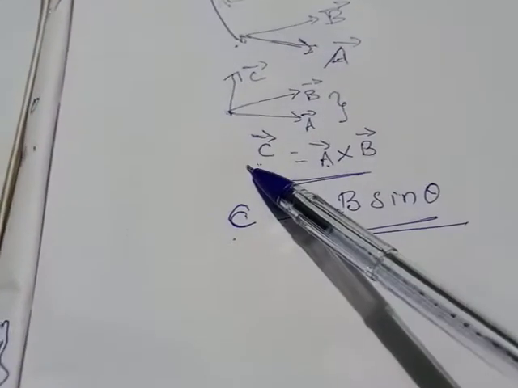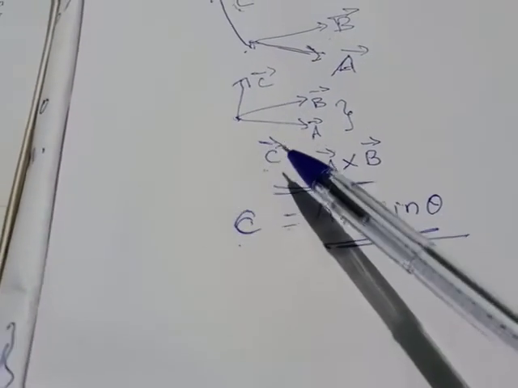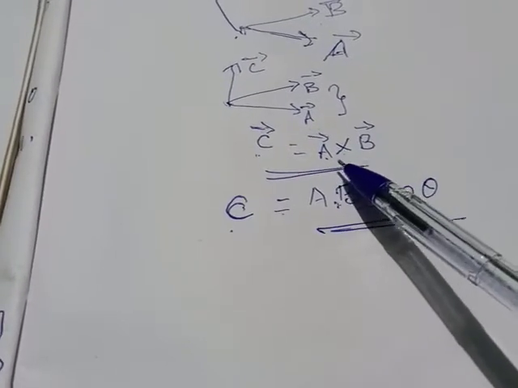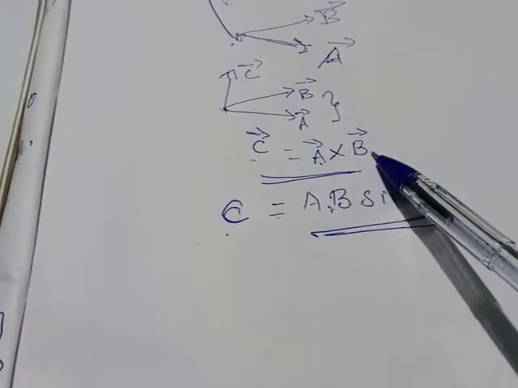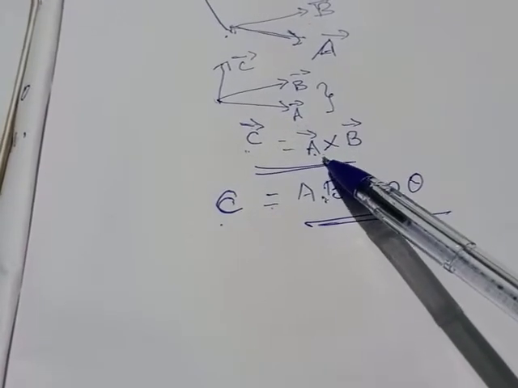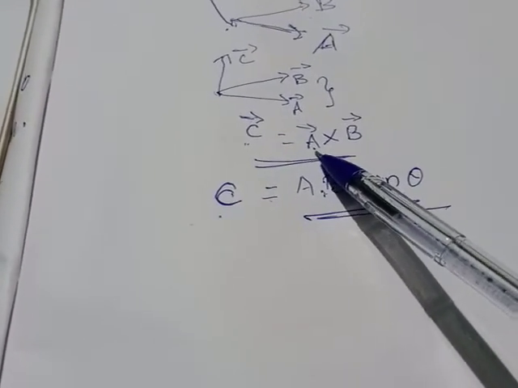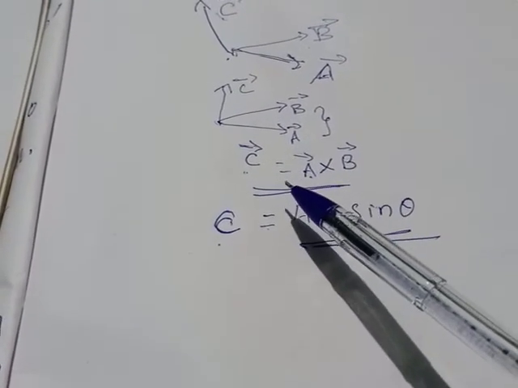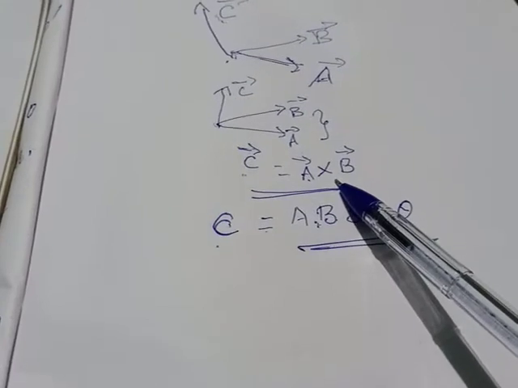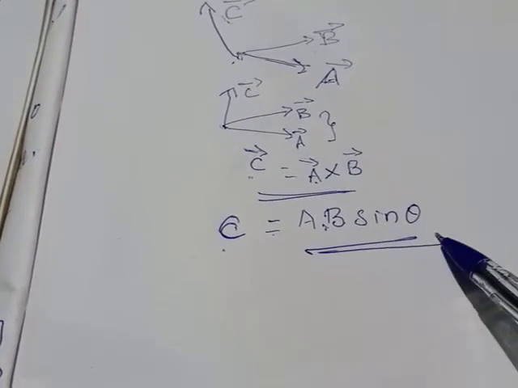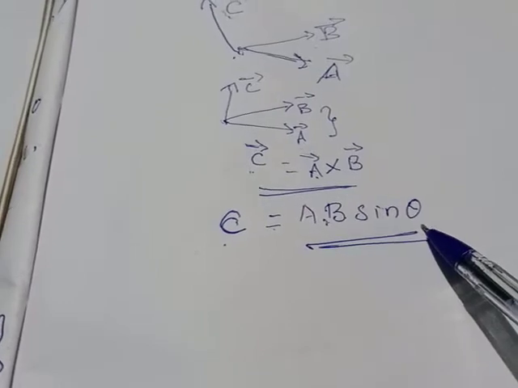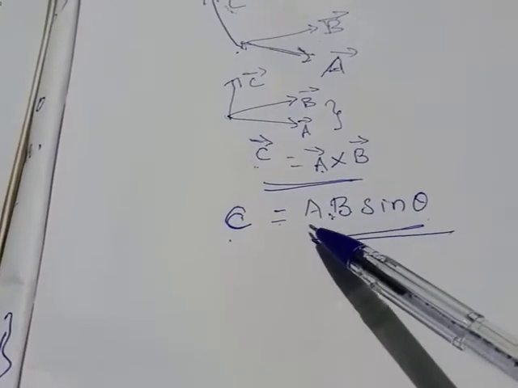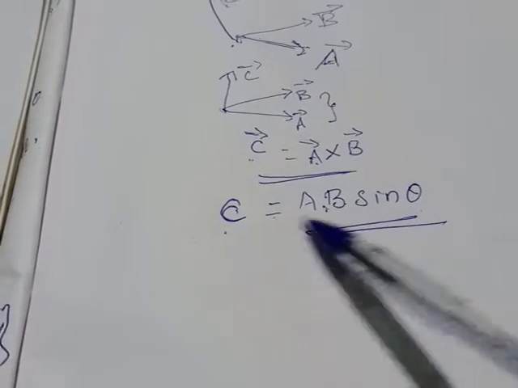This C vector is equal to A cross B. So this A cross B means the product of A and B, and the sine of the angle between them, sin theta. This is how you can define a vector product.